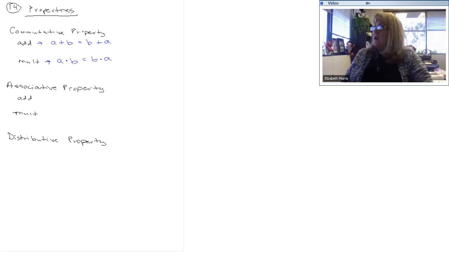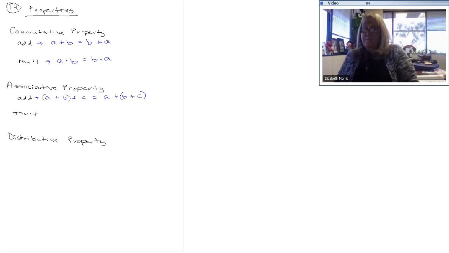Okay? All right. The associative property is the one that adds the parentheses. So if I had A plus B plus C, and I wanted to add these two first and then the C, I would come out with the same answer if I added the B plus C and then added the A. Okay?